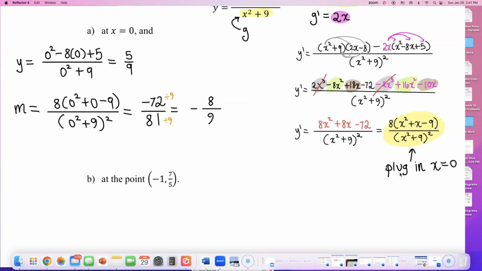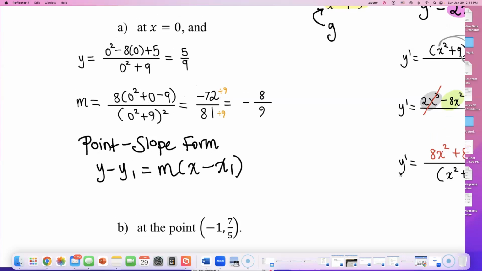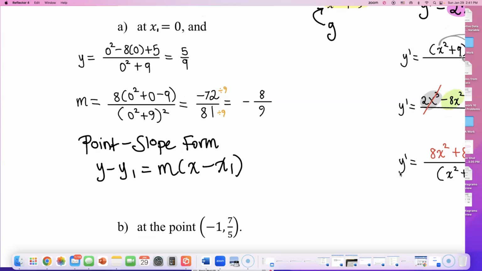What I'm going to do is do the point slope form. Okay? So point slope form goes like this. y minus y1 equals m times x minus x1. We have the x1 value and the y1 value.